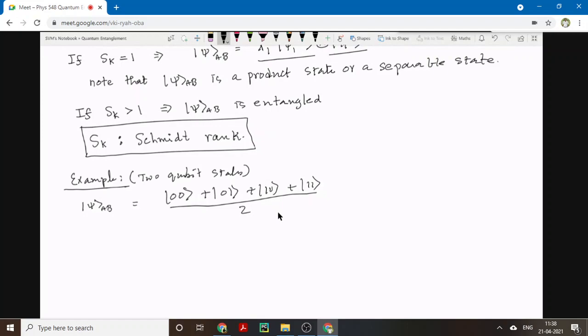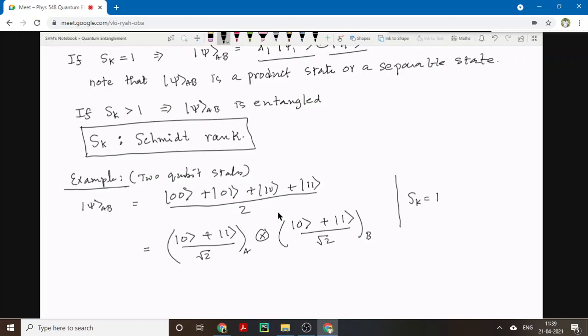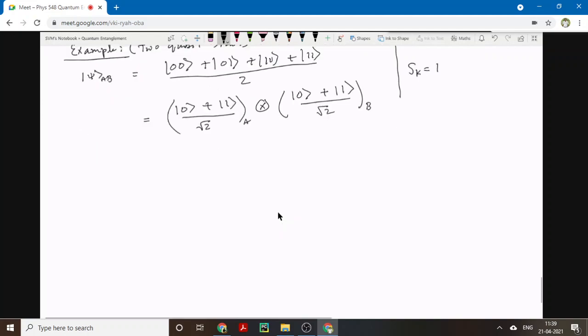Now you can see this can be written as 0 plus 1 by root 2 for A, product 0 plus 1 by root 2 for B. So this is a product space. So in this case, your Sk is simply equal to 1. This is example A.